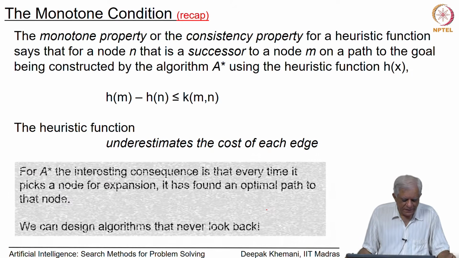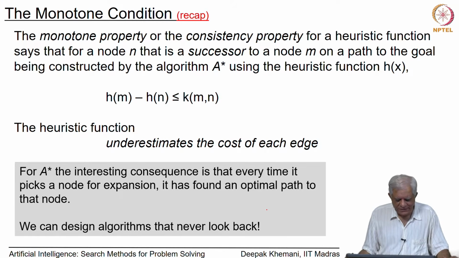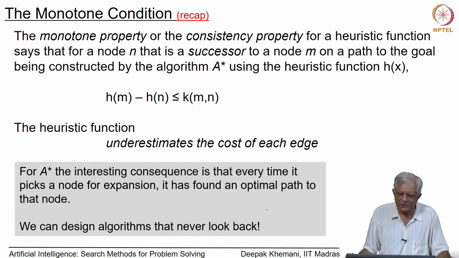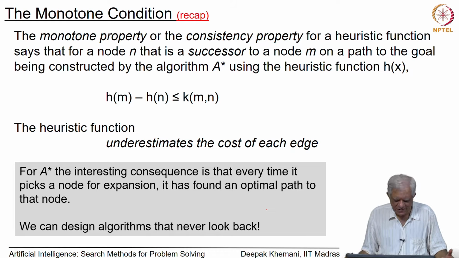We saw that for A star, the interesting consequence is that if this property is satisfied by the heuristic function, then at the moment that the algorithm picks any node n, it has already found the optimal path to that node, which means that case 3 in the A star algorithm, where we updated the cost of nodes in closed, is no longer necessary, and we can now focus on algorithms which will never look back and just look ahead and head towards the goal.